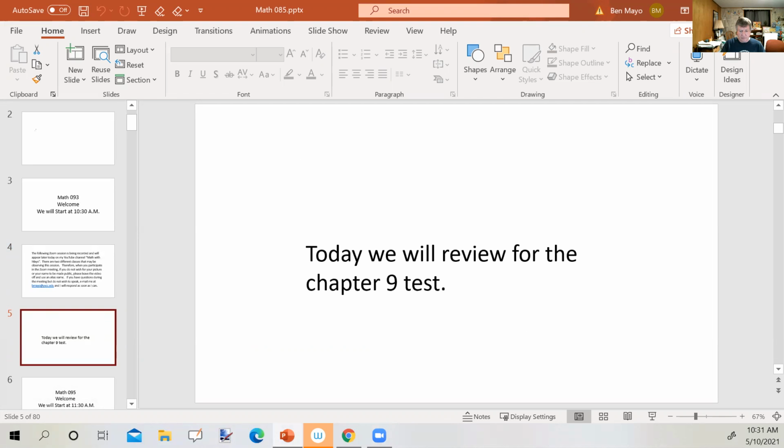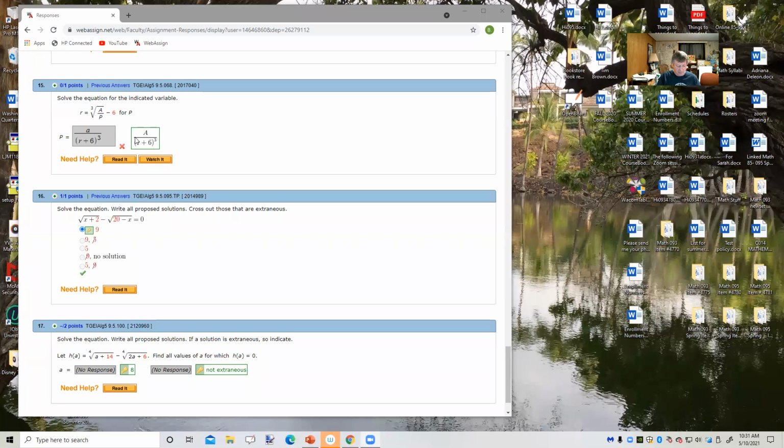So first of all, I want to look at this problem from WebAssign. This is number 15 from section 9.5. And here we see the student's answer, and here we see the correct answer. The student did everything correct except that somewhere in the process they changed capital A to a small a.